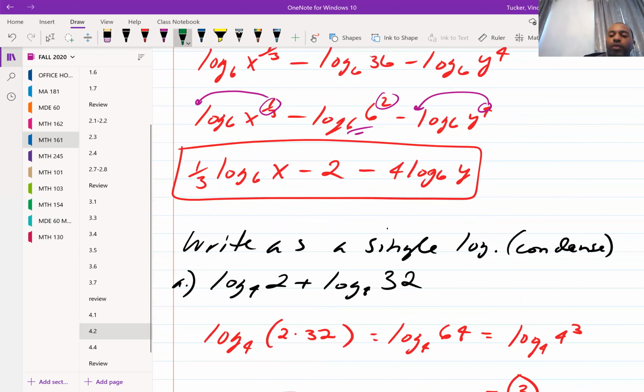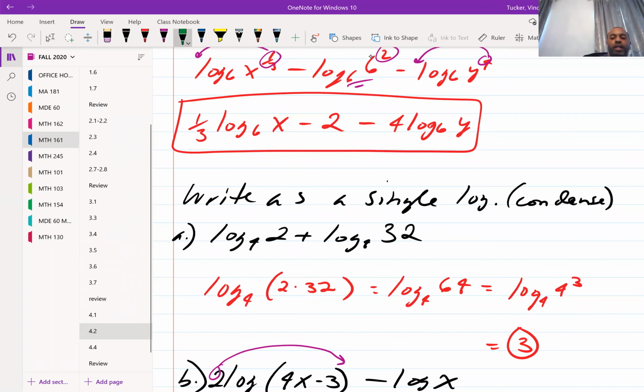And 64 is 4 to the third power, so that will reduce down to just 3. All right. Any questions before we go to the next one?